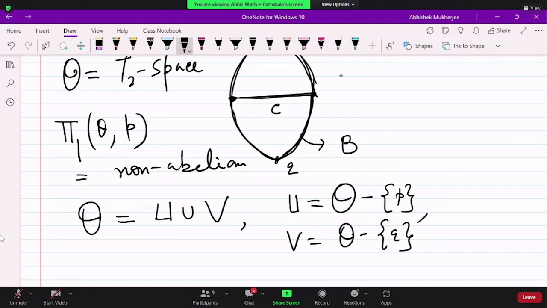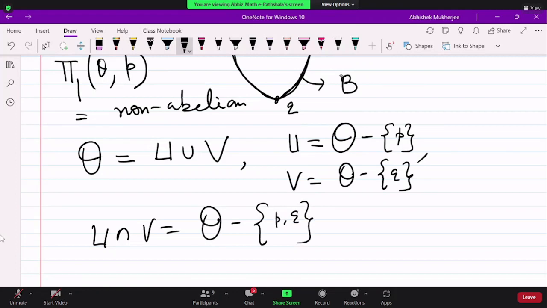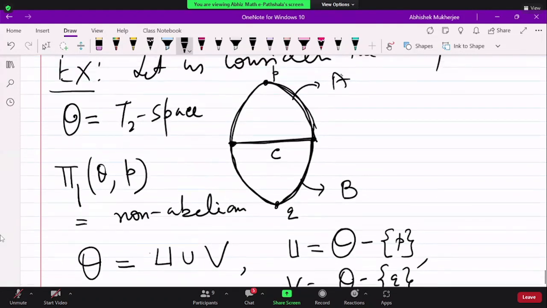These are two open sets in theta, and the intersection is theta minus p, q.